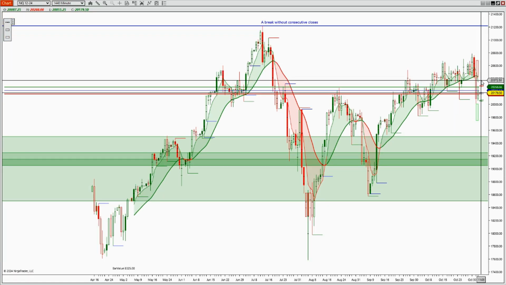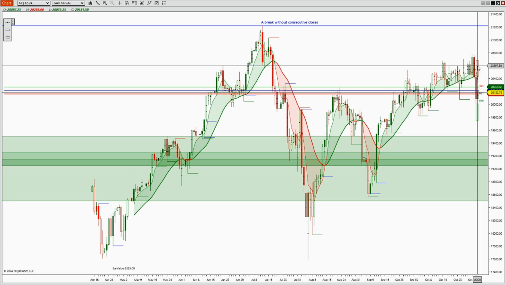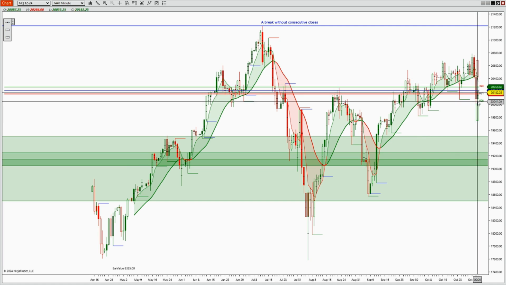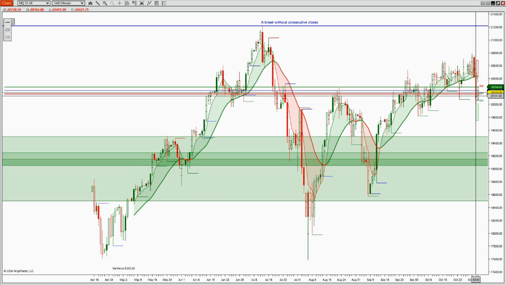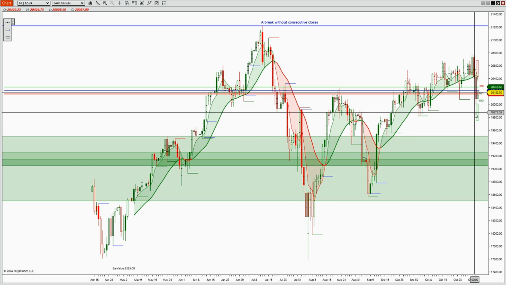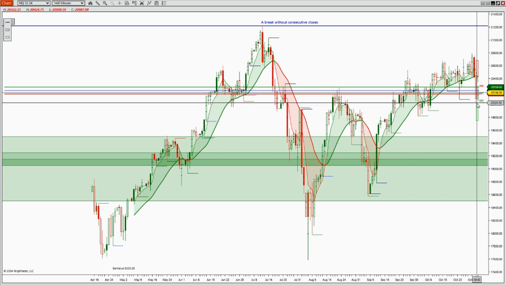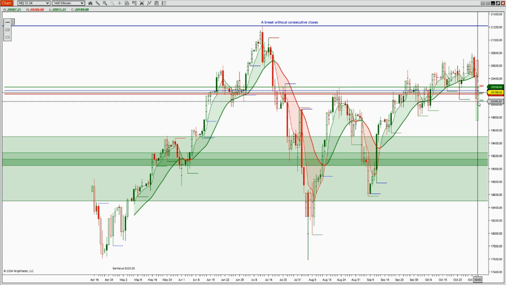Now, there's a zone around these bars. This is the DTT map, another indicator that's provided with the sweep. It gives you potential zones beneath price as well as above price, as to how far the market will trade and potentially not close.